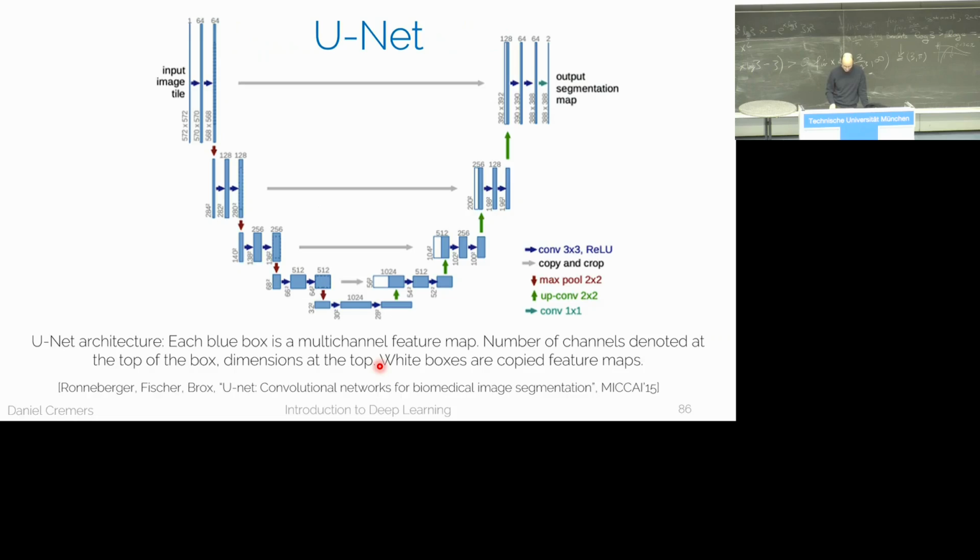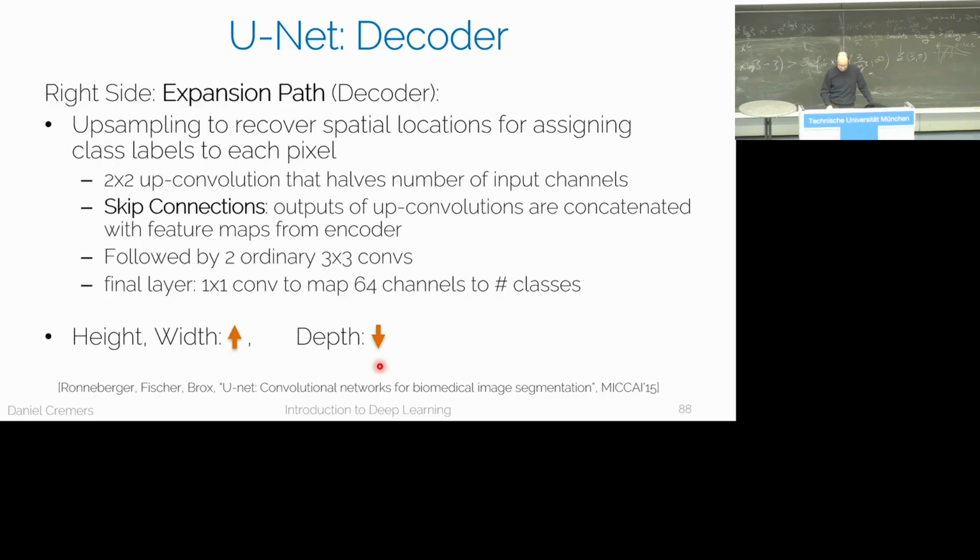This is the left branch here, this encoder branch of the U-Net. On the right branch, this is the upsampling, so the decoder branch, where you decode back into the original resolution. And this is sometimes called the expansion path. And here you have a combination of upsampling, up convolutions with learnable parameters, right?